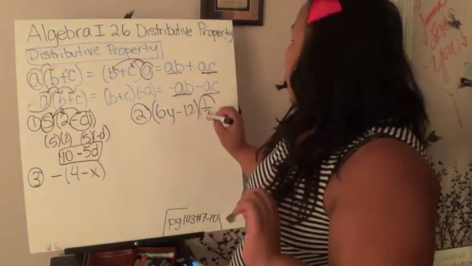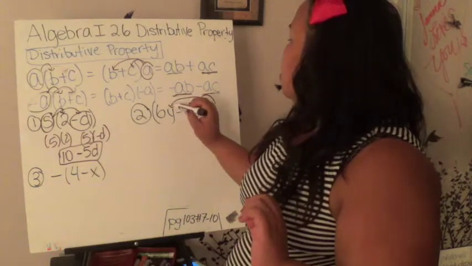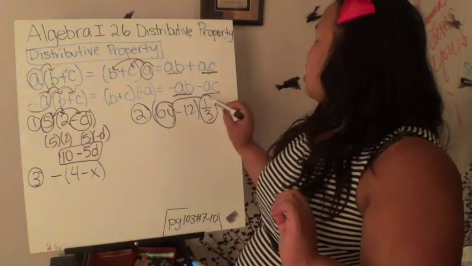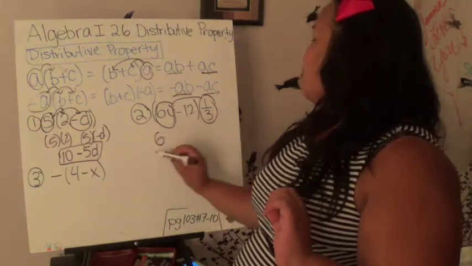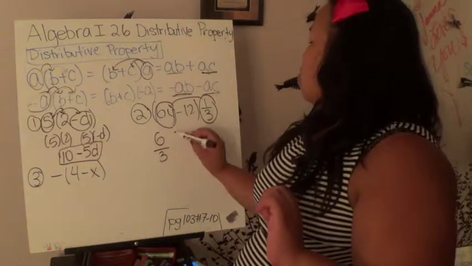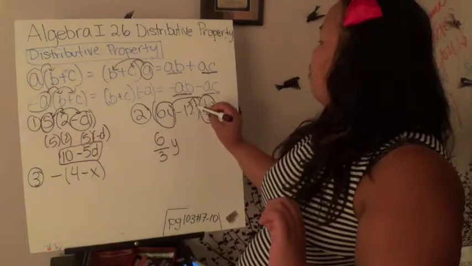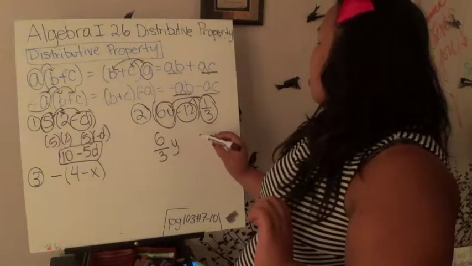So I'm going to take 1/3 and I'm going to give it to 6y. So I'm going to multiply 6 times 1 is 6, and I'm going to keep the denominator, and I'm going to bring down the y. Now, when I distribute it to the 12, I'm going to distribute it to the entire thing.